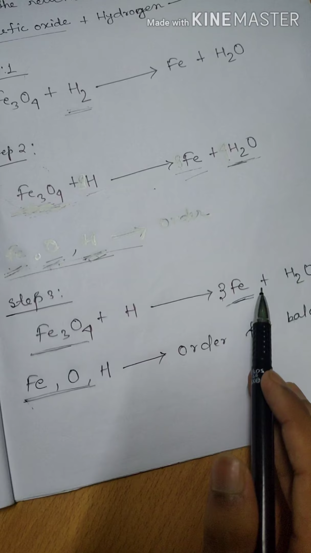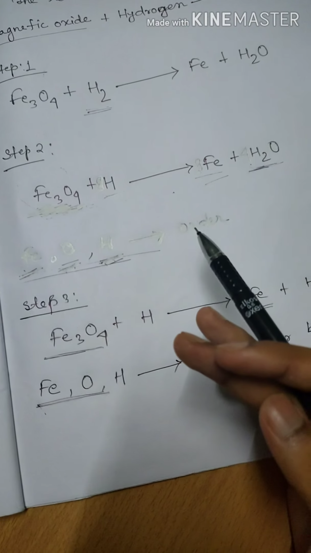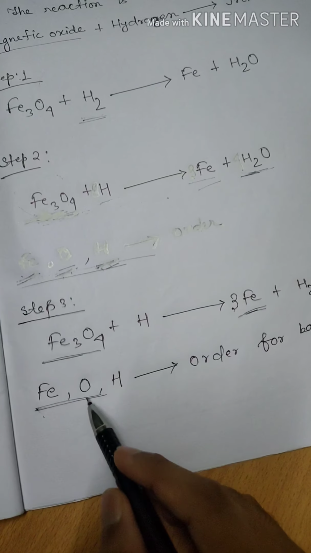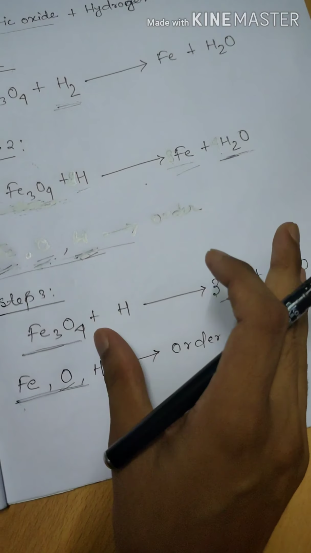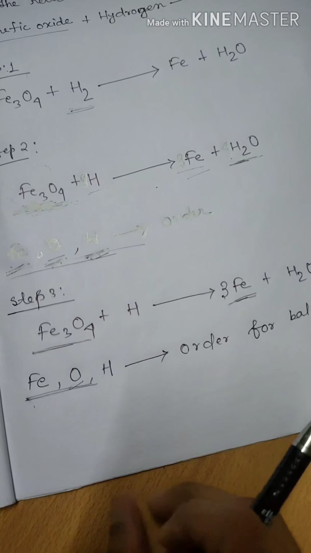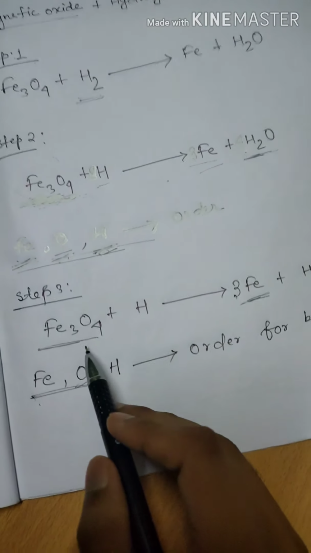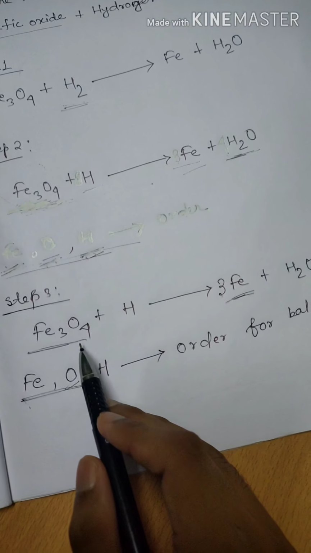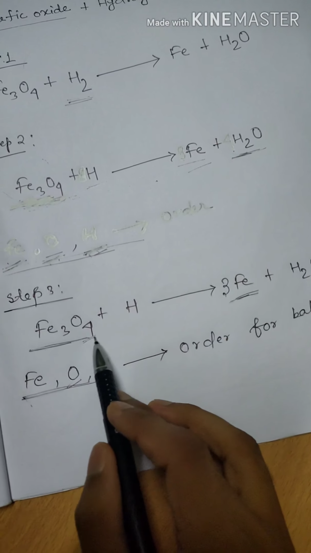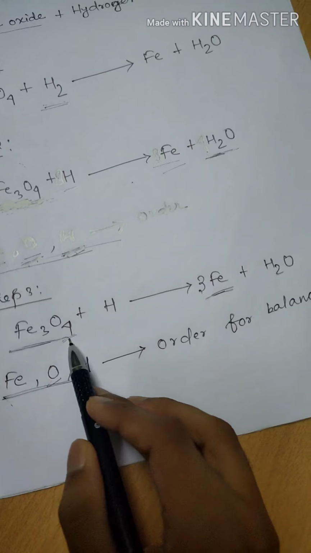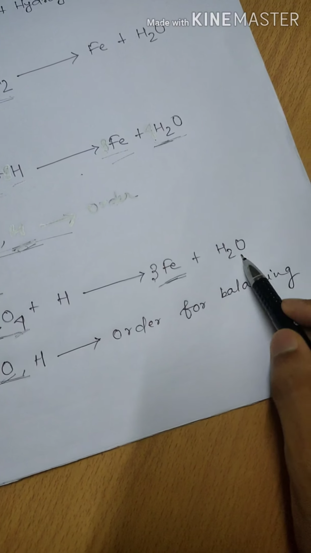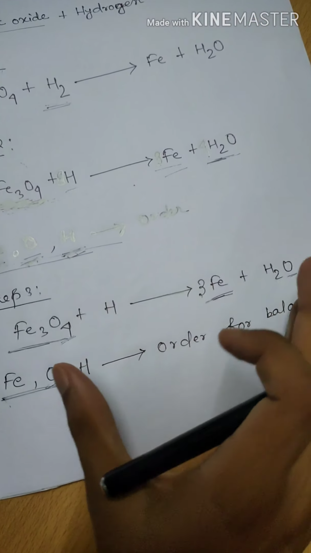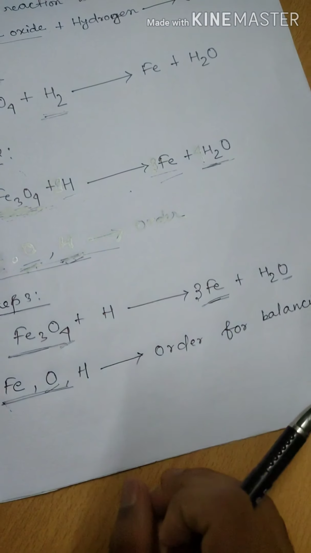So you see now the iron atoms on the right side and the left side are the same, 3 and 3. Okay, so now we have to balance the number of oxygen atoms on both sides of this reaction. In the left side, meaning in the reactant, how many oxygen atoms are present? 4 oxygen atoms, but in the right side only 1 oxygen atom is present. So we have to balance this first.